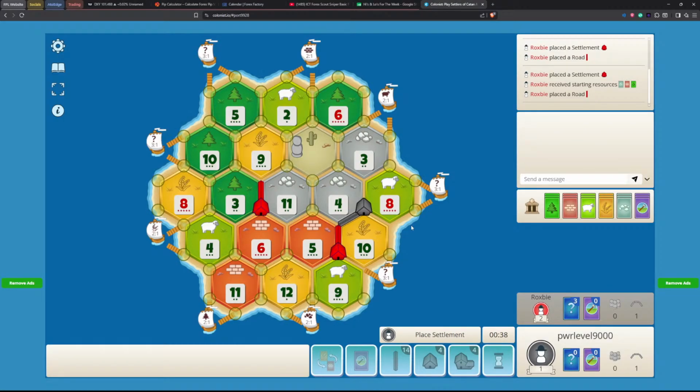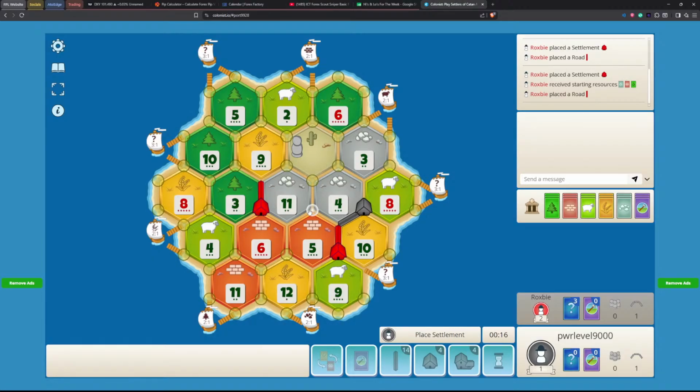So we're gonna have to double up on the sheep wheat coal. The sheep wheat here. And then we can go this way. Free coal, and then we can use the sheep to get brick. Which I think is good.